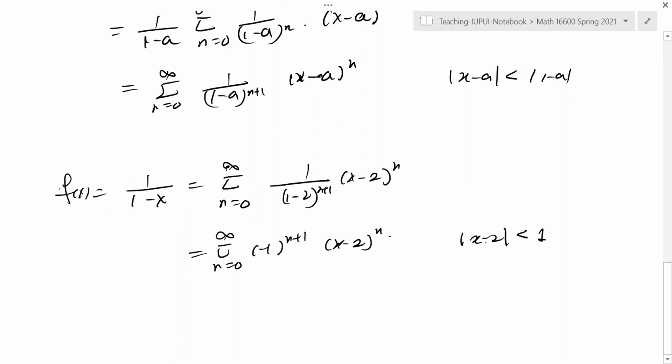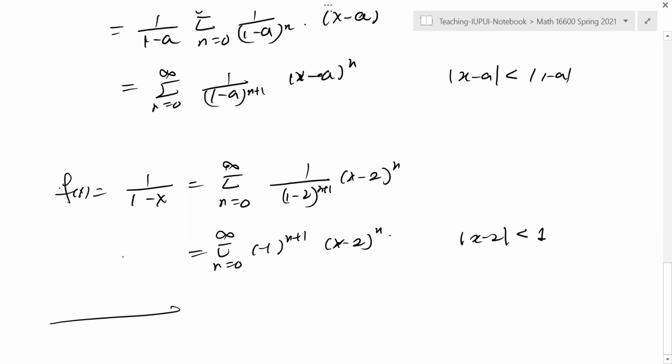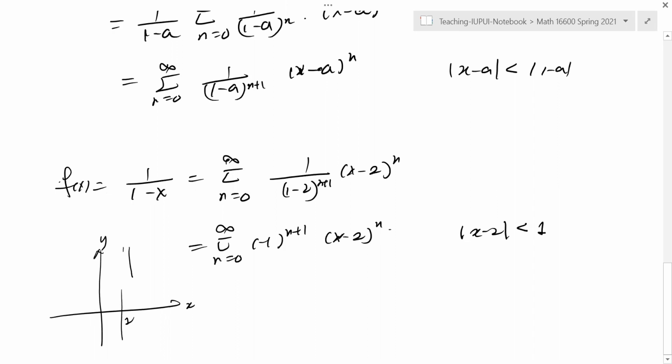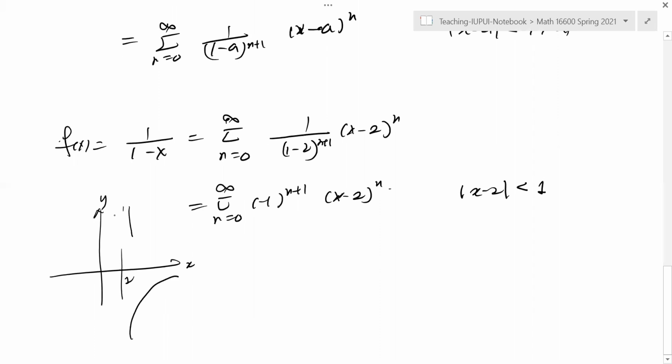So 1 over 1 minus x is always equal to that, for absolute x minus a less than 1. If you look at the picture, this is the y-axis, this is the x-axis, this is 1. I forgot, this is a graph. So here's 2. So x minus 2 less than 1 is this interval.